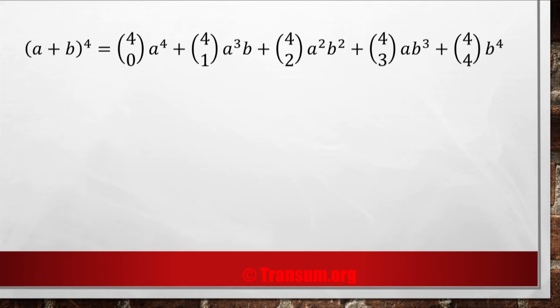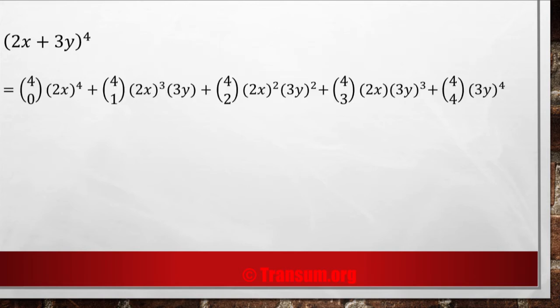So if we were looking at something a little bit more complex, rather than just a plus b as our binomial, if we were looking at 2x plus 3y, it does get a little bit more complicated, because in the big tall brackets you can see the terms from Pascal's triangle being generated.